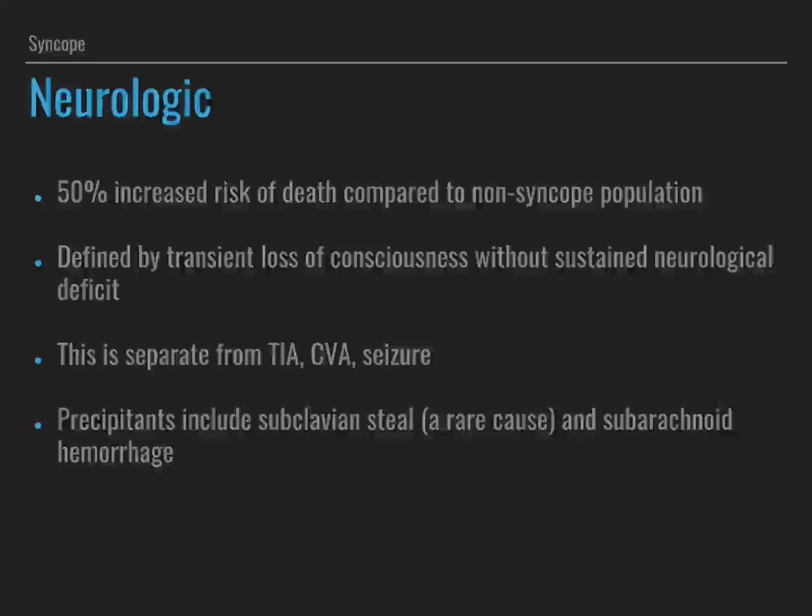Or subarachnoid hemorrhage. This is definitely something you want to be paying attention to because of either the rupture of an aneurysm or associated vasospasm. So making sure you're being thoughtful about, is there a headache, is there neck stiffness, is there vomiting, does this person have a risk factor for aneurysms, when you're evaluating syncope can be incredibly helpful.